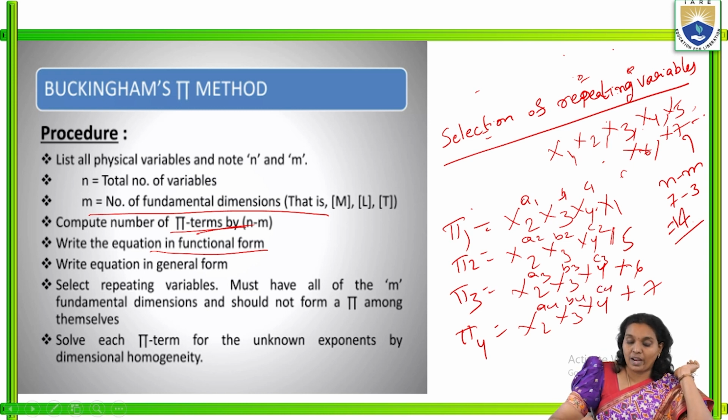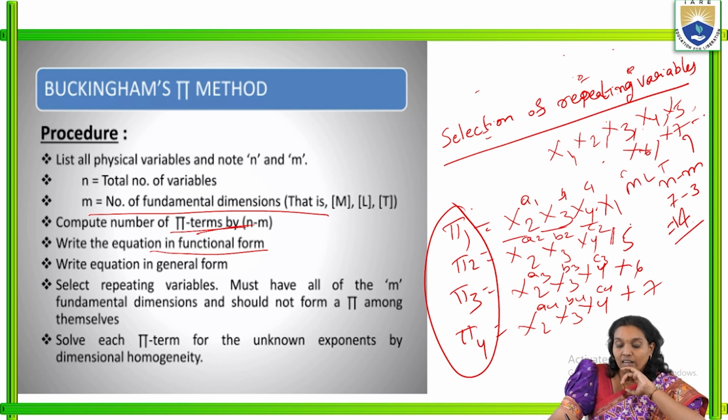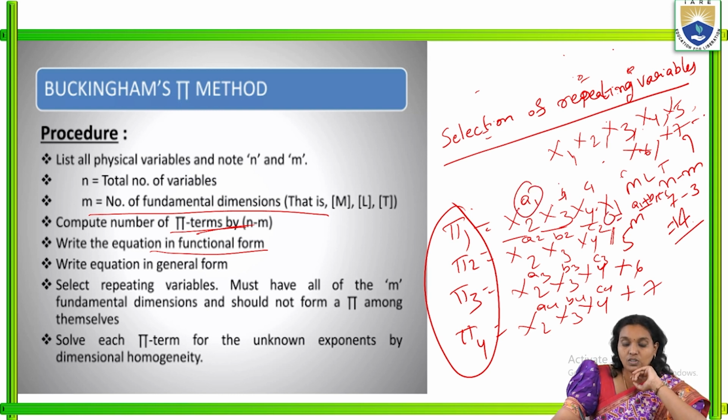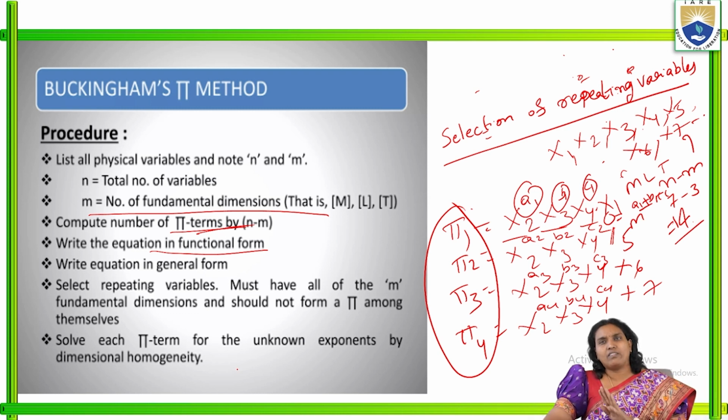All these pi terms are dimensionless numbers. We convert the variables into M, L, T dimensions and we get some equations like that. Equating to 0, we will get these exponent values. Again we resubstitute and solve, and we get the unknown exponents after the solution. So finally we will get the function form. This is Buckingham's method, and this is the procedure we are going to follow.